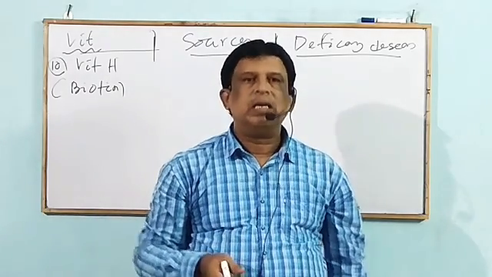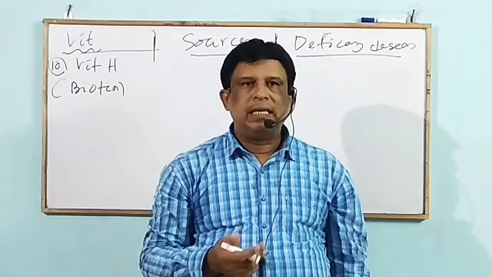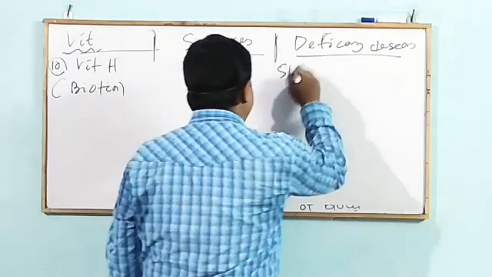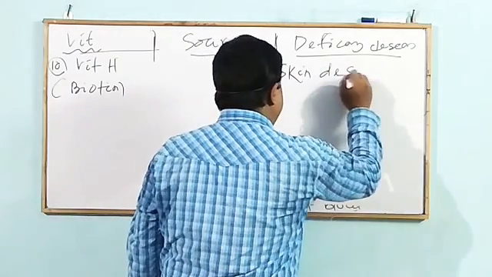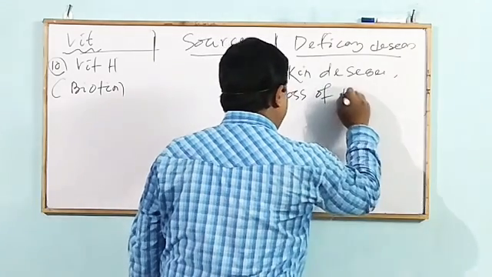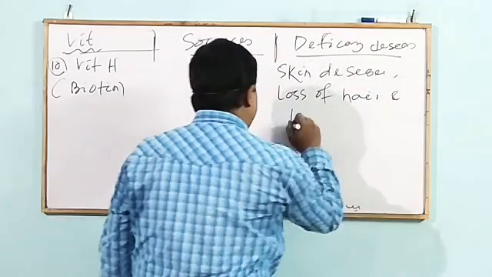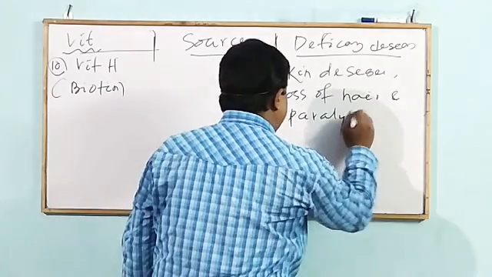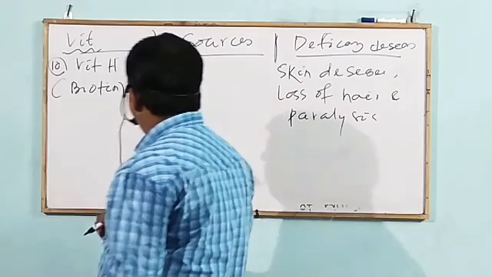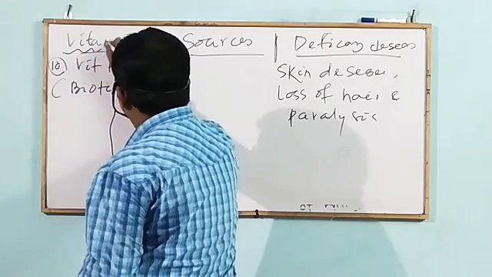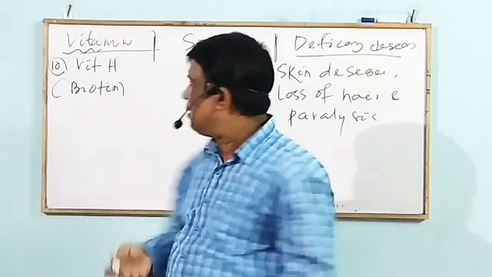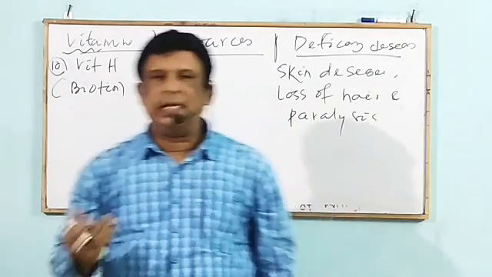The diseases are skin disease, loss of hair, and paralysis. These are some classifications of vitamins, their sources and the deficiency diseases.